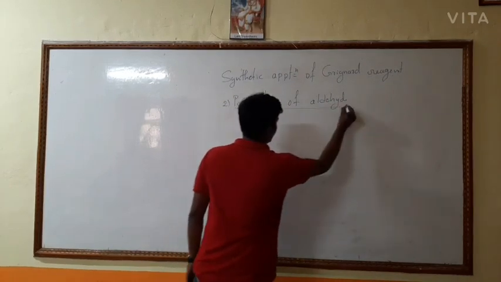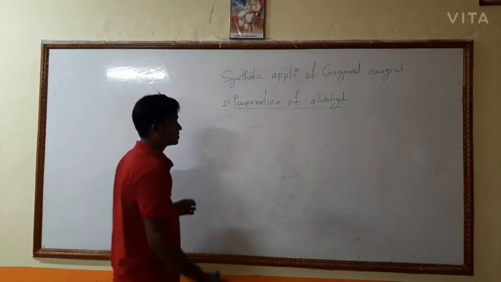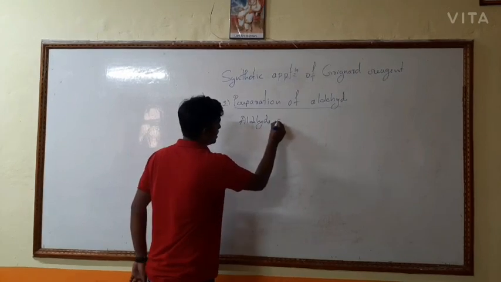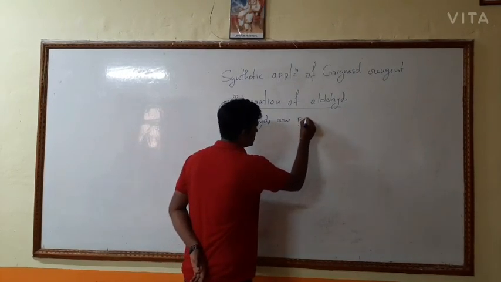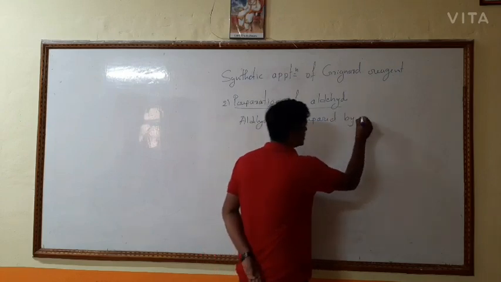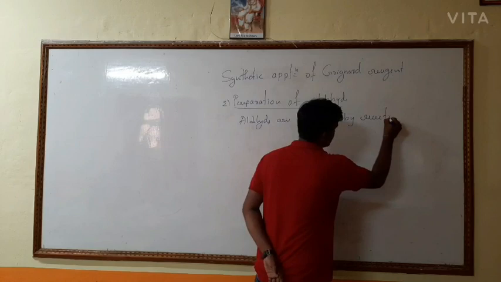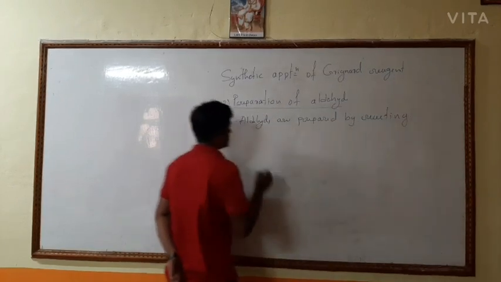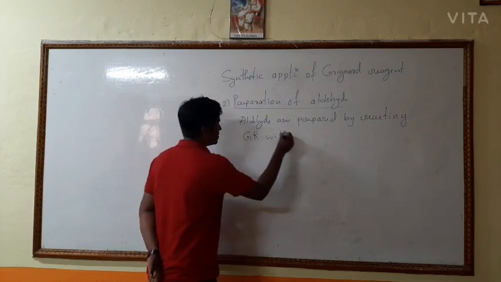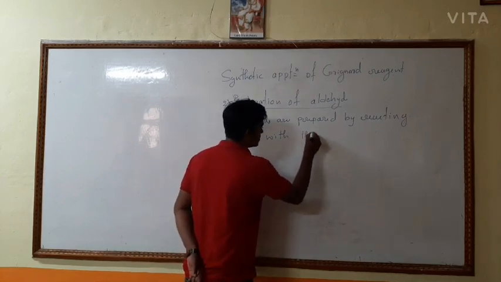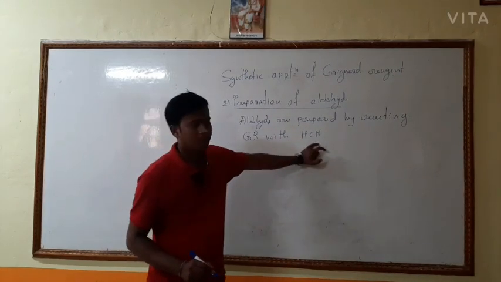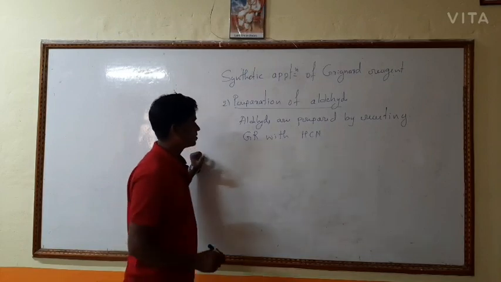Aldehydes are prepared by reacting Grignard reagent with hydrogen cyanide. When you react the Grignard reagent with hydrogen cyanide, it gives aldehyde.